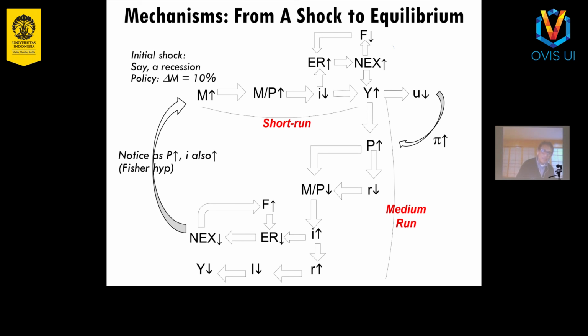Once you have the net export down and output goes down, then you see there's a big arrow going up again, right? Because output goes down, it is similar to the initial condition with this disequilibrium, with this recession, correct? So the story is continuous, the same story coming back.